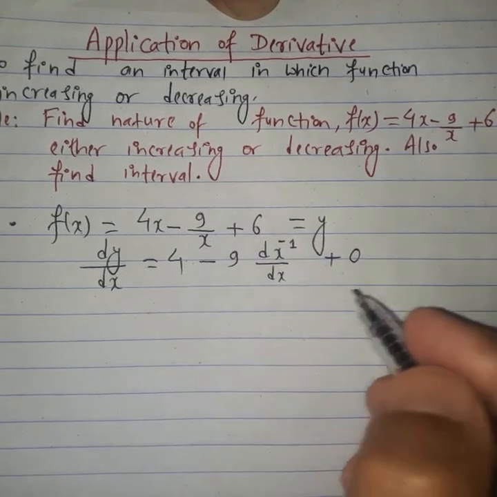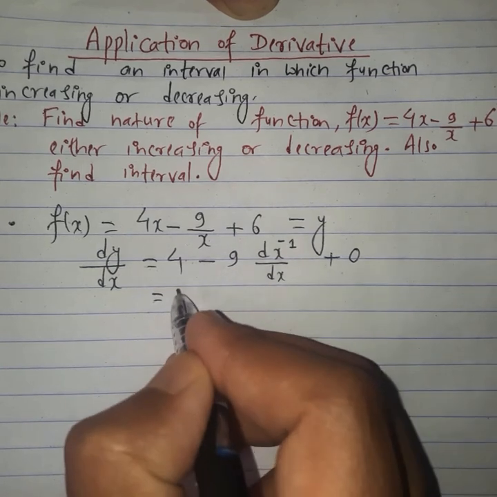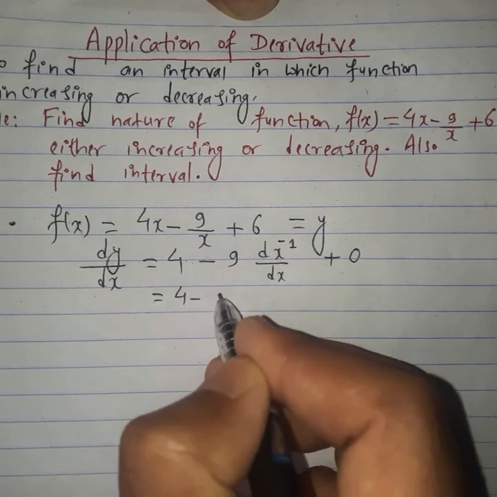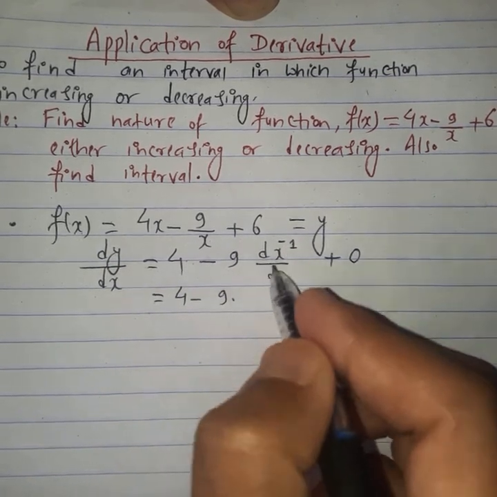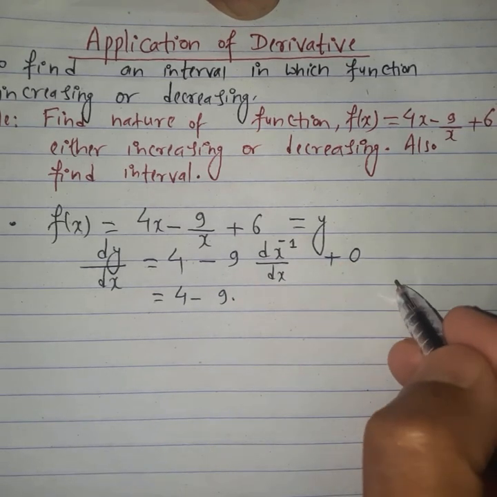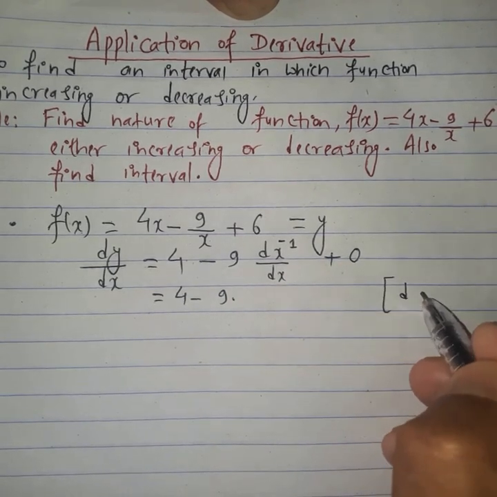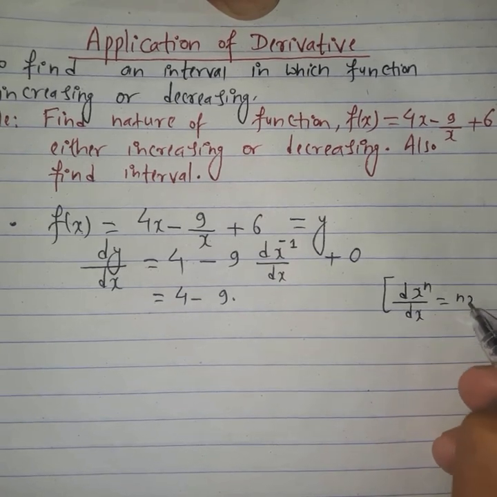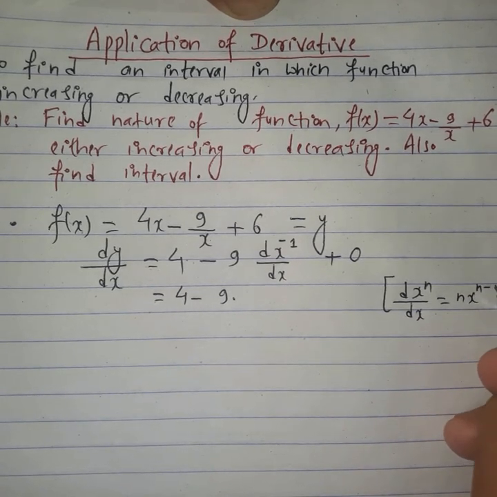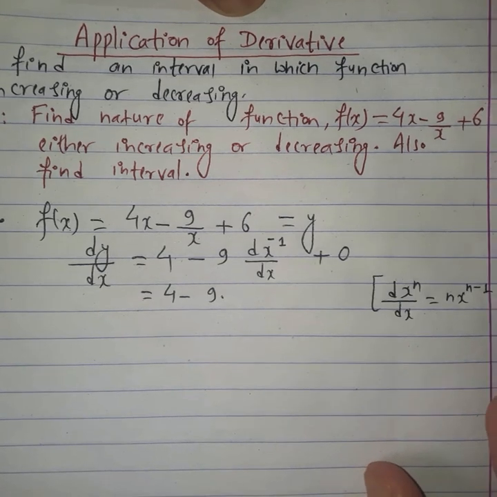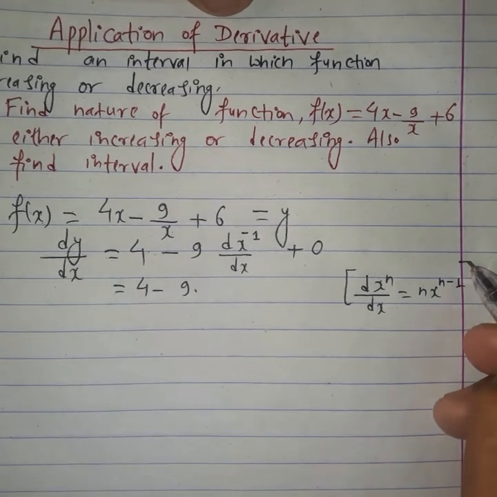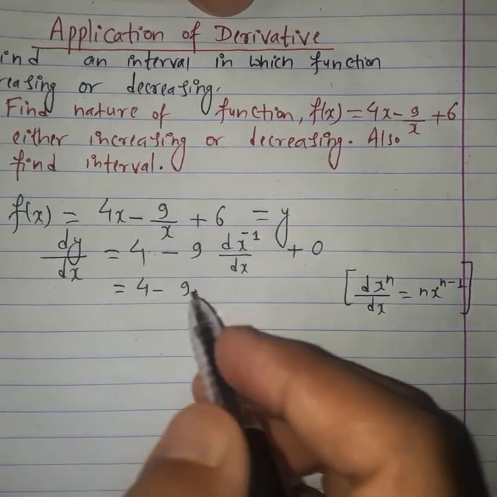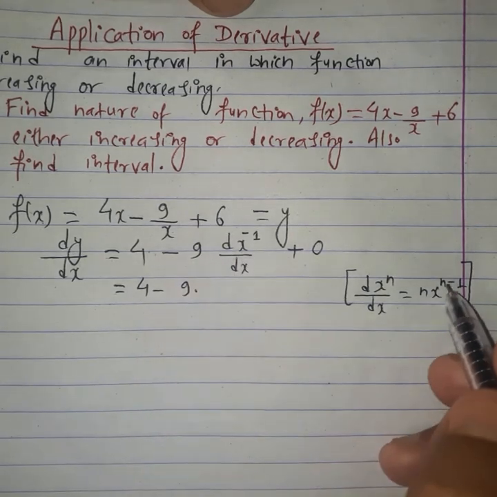The derivative of a constant is just 0, and this can be further written as 4 minus 9 times... Here we can use the power law. Let me write the formula: the derivative of x to the power of n with respect to x is just n times x raised to the power n minus 1. Please remember this very important formula. Here we just use this formula.